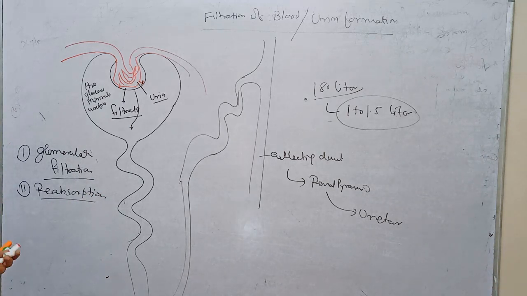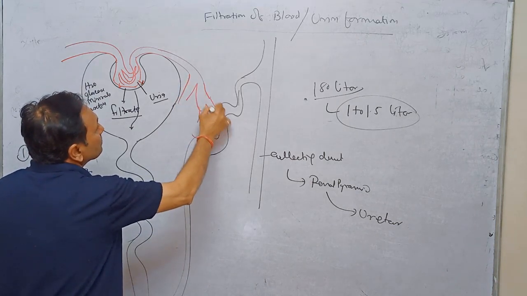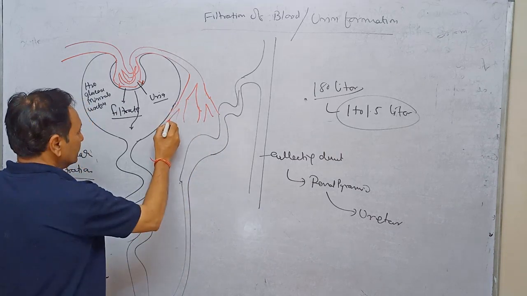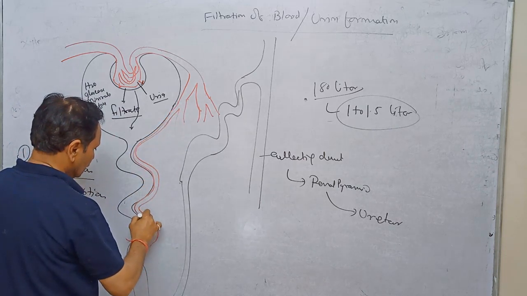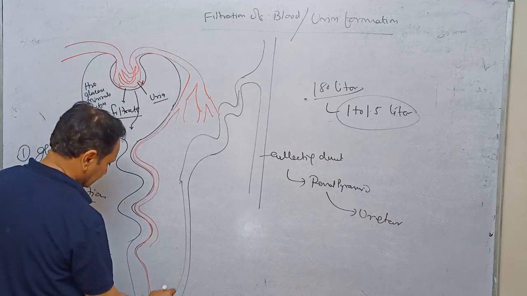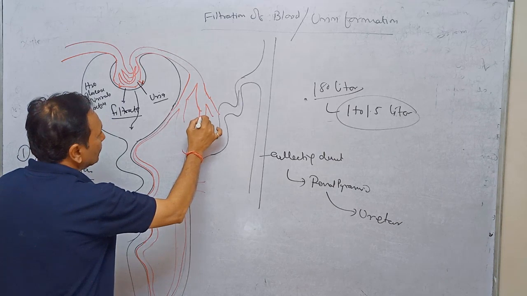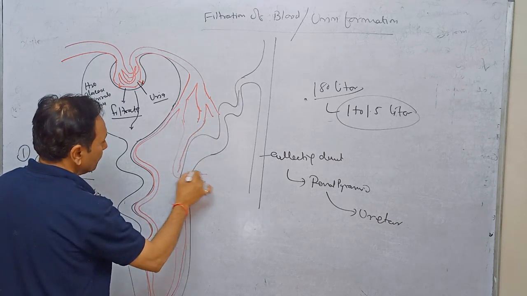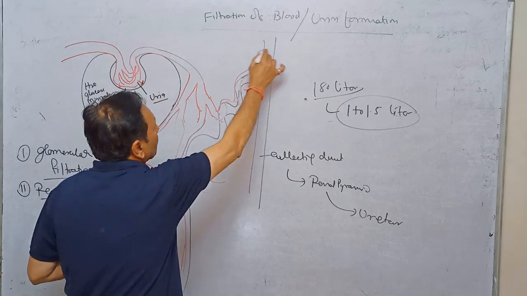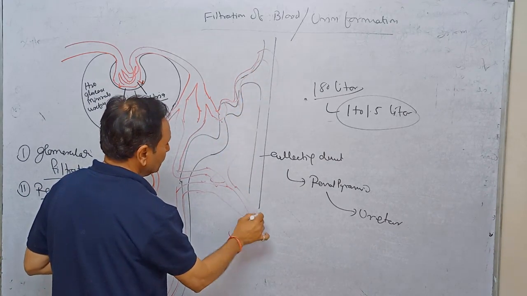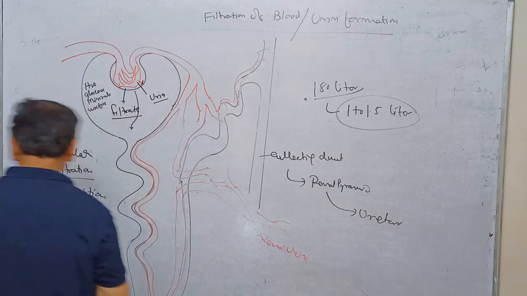We have seen that the efferent arteriole is divided into many renal capillaries, and these come in very close contact with the proximal convoluted tubule, the loop of Henle, and the distal convoluted tubule, and ultimately join to form the renal vein. This is the structure.